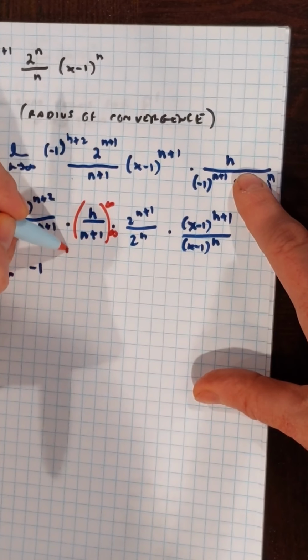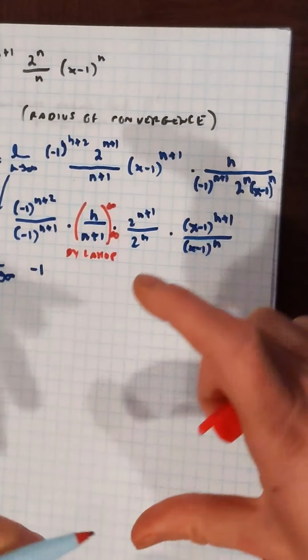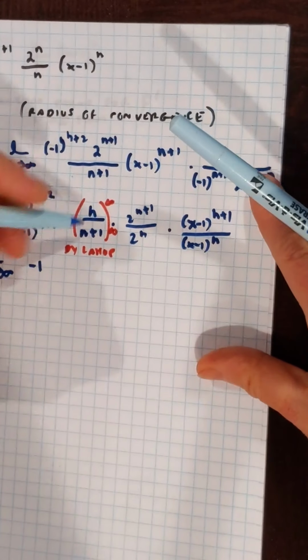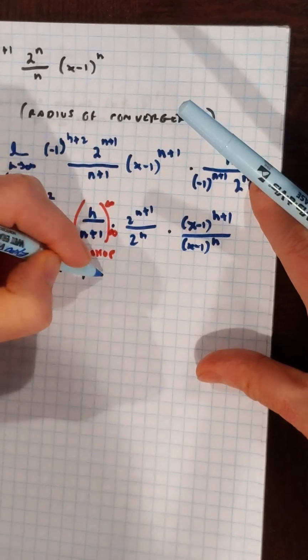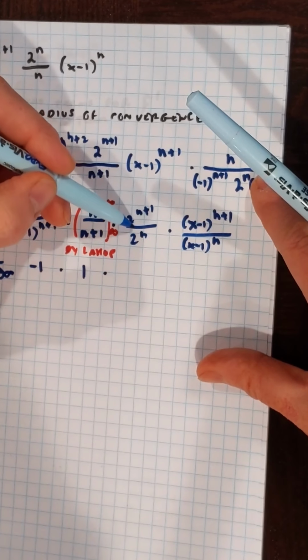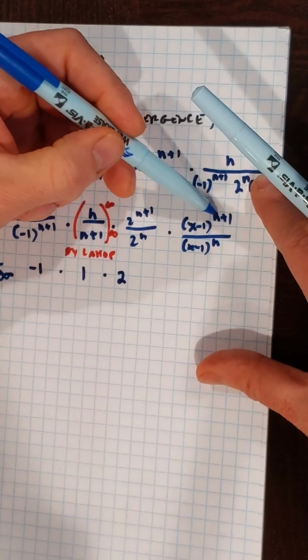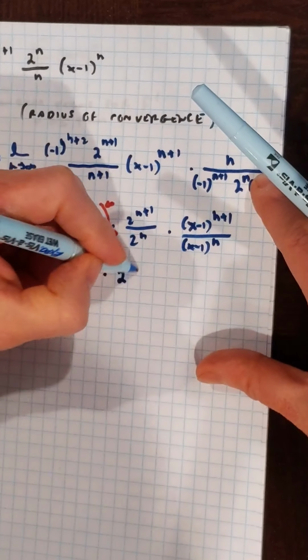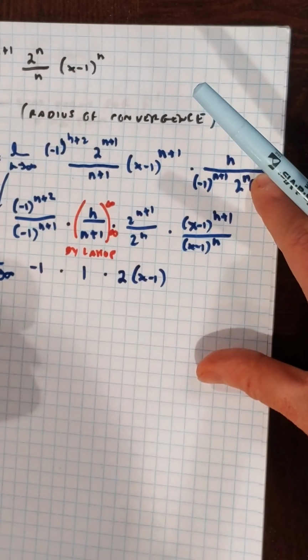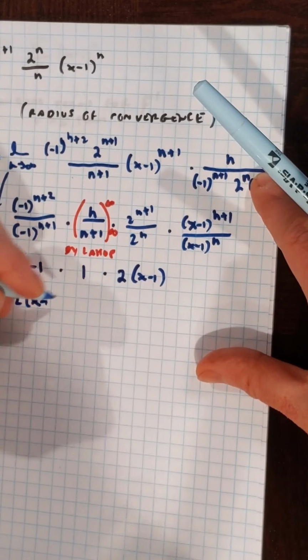By L'Hopital's rule, I get n over n is 1 times, now I've got 1 extra 2 at the top, so I'm just stuck with a 2. And then here I've got 1 extra x minus 1 at the top, so x minus 1. So this is our arbitrary R. Now that I've taken this limit, I have my R is negative 2 times x minus 1.